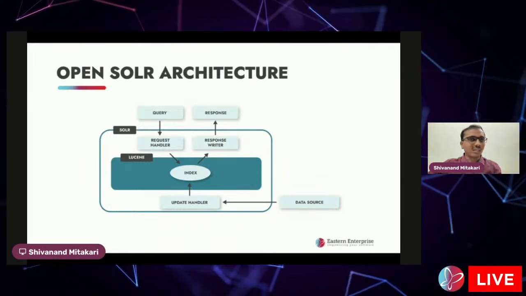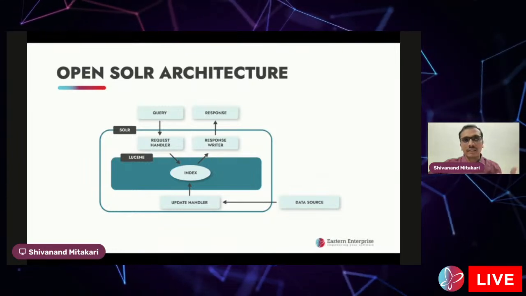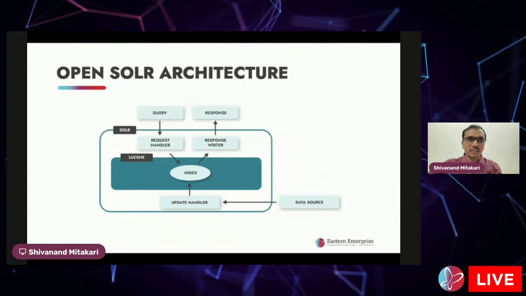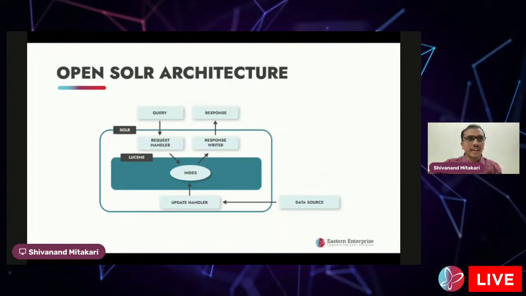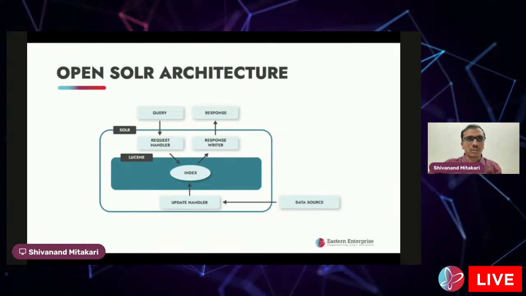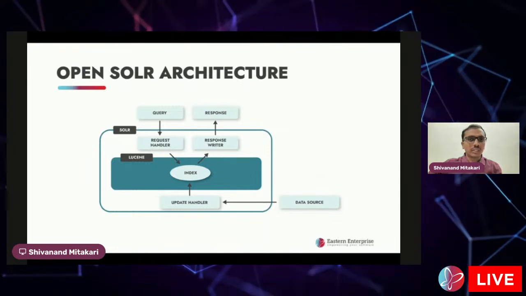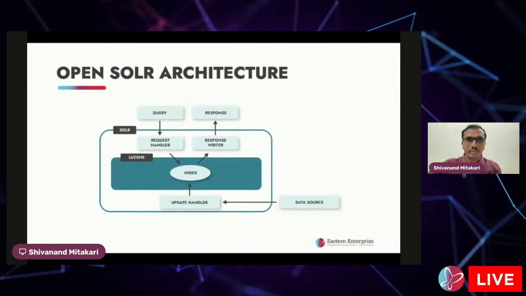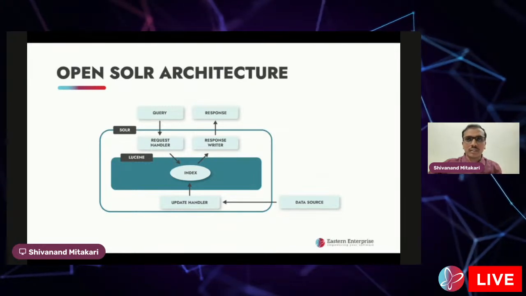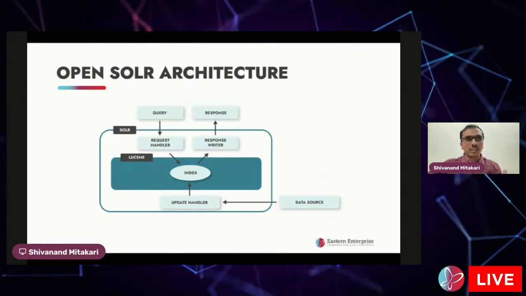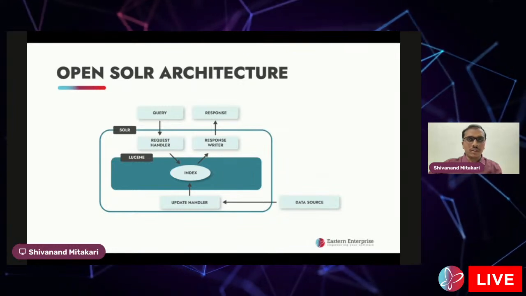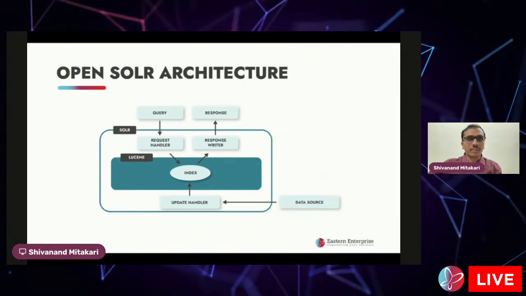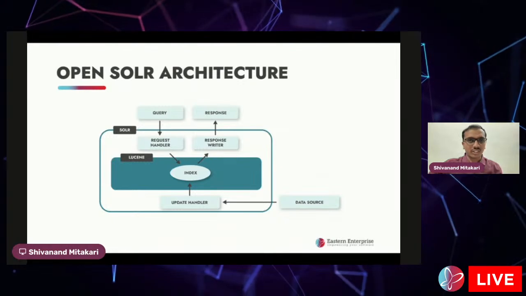A cluster in the sense that whenever requests come to Open Solar, it handles them in such a way that it gives a very fast response to whatever queries you send to Solar. So that's the extra benefit it gives on top of other competitors. There are other competitors as well for this Open Solar, but this is a way better option because it gives a very easy integration as well.